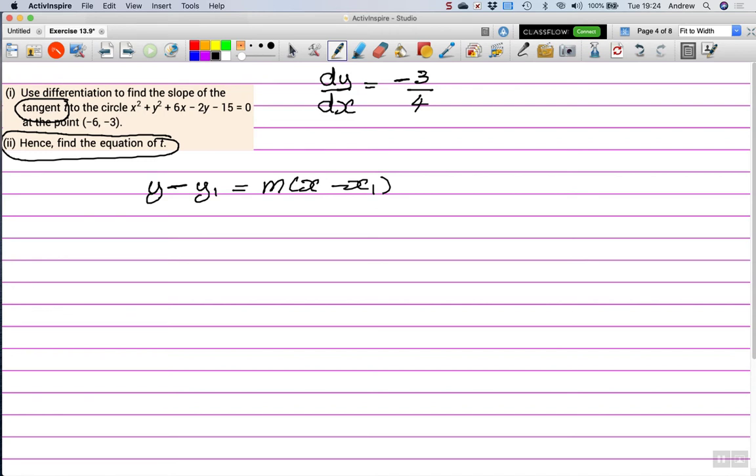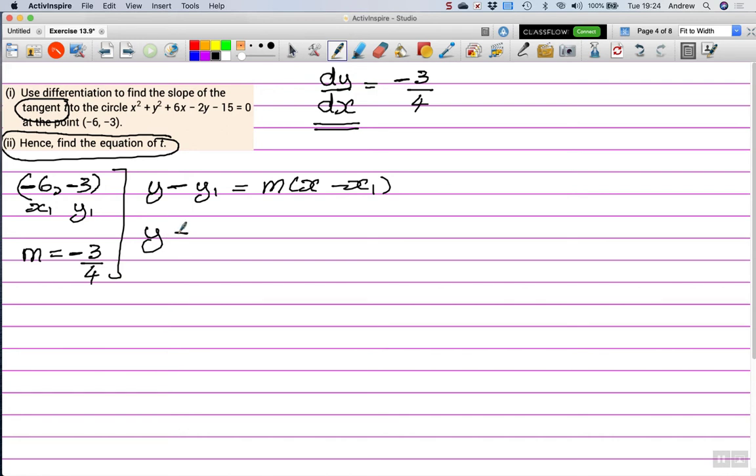Gather your information. What point do we have? The point is still minus 6, minus 3. But this time we're calling it x1, y1. The slope, dy/dx, m, is equal to minus 3/4. So all we've got to do now is substitute it in.